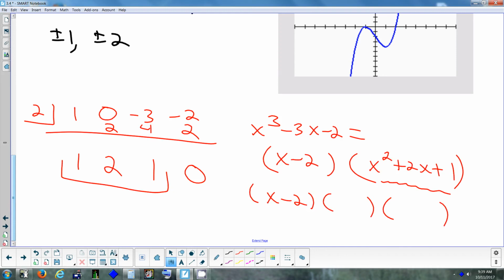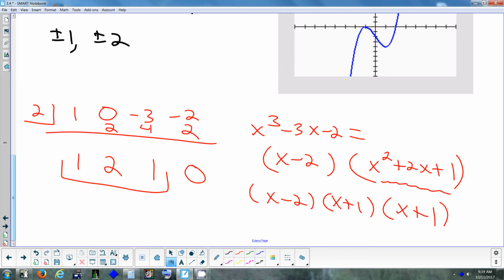How does x squared plus 2x plus 1 factor? How would that factor? Yeah? X plus 1 and x plus 1. Perfect. X plus 1, x plus 1.